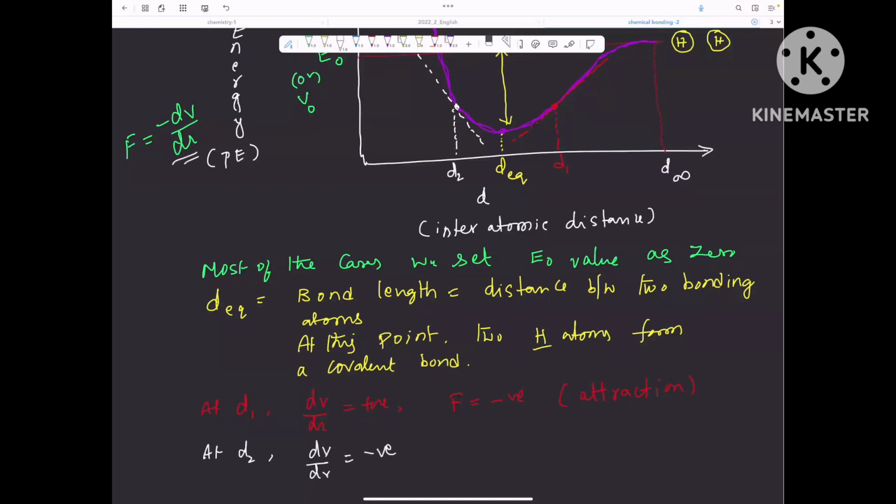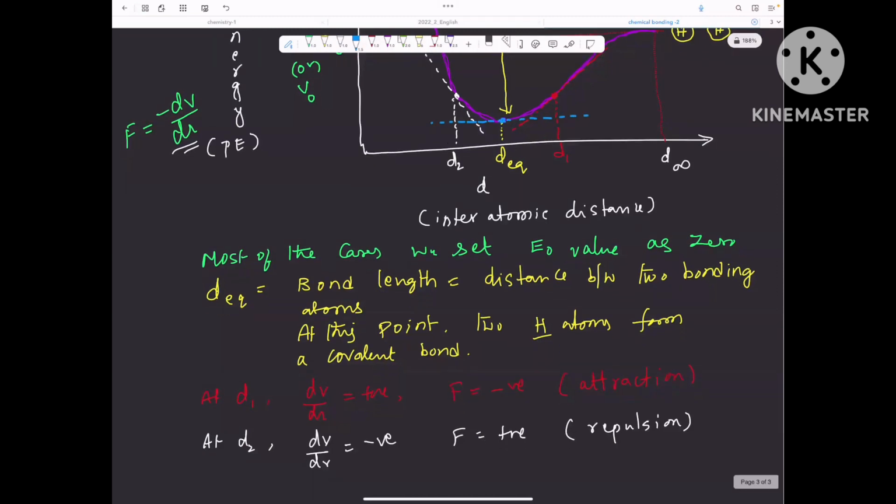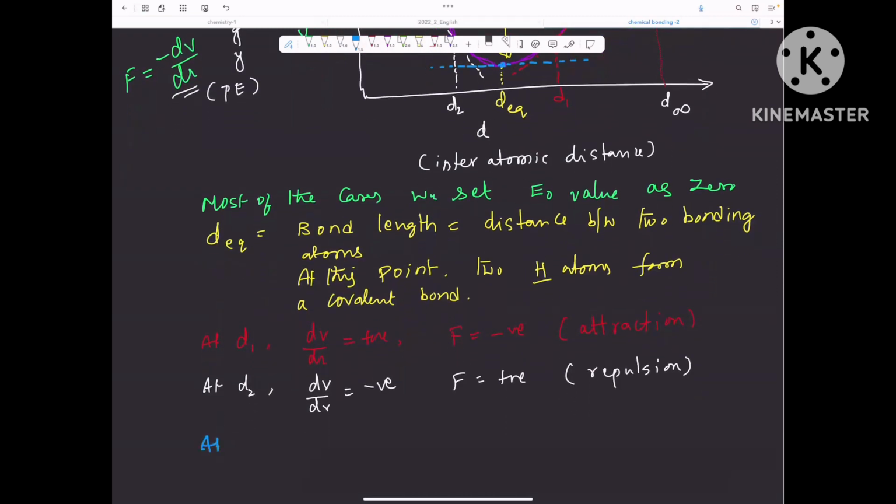If dV by dr is negative, negative into negative is positive. Force becomes positive and it indicates repulsion. And now let us take exactly this particular point at D equilibrium.